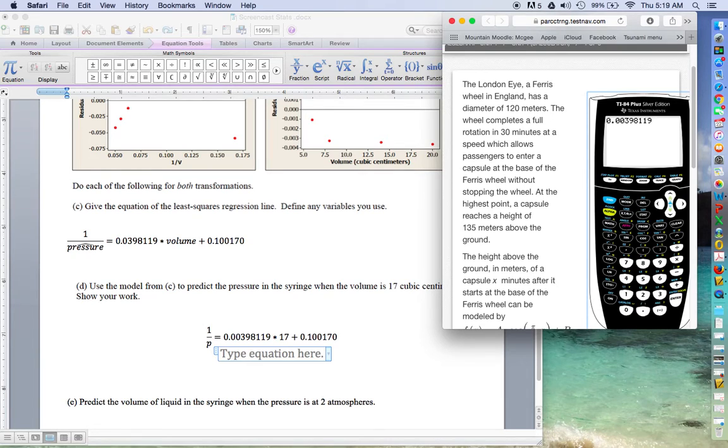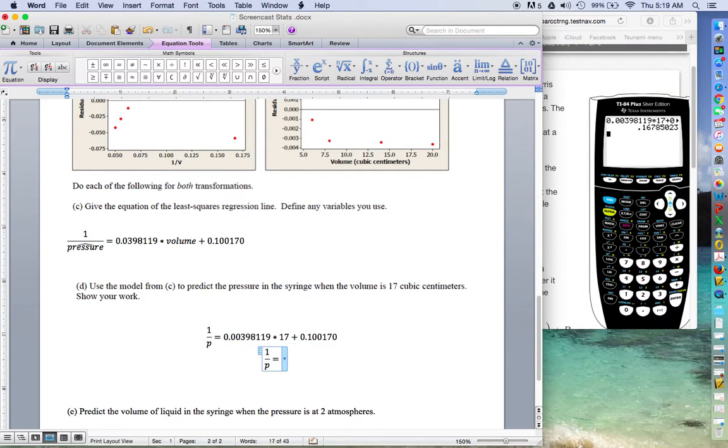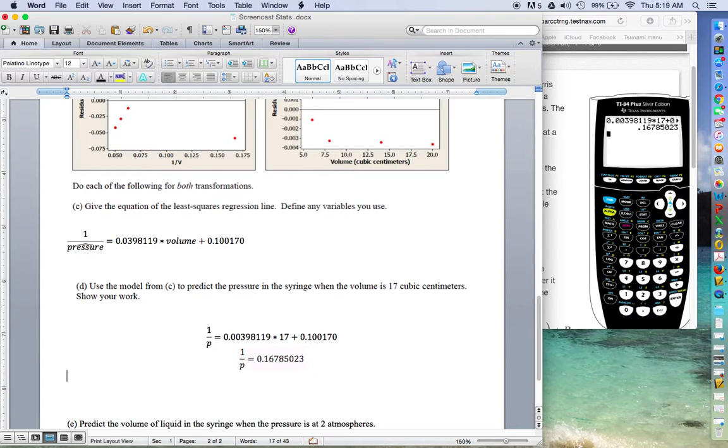So I got 0.16. So we have 1 divided by pressure, not pressure, equals 0.16785023. And I'm being very careful and not rounding on this problem because these are physical laws, and I want to use as much precision as possible.